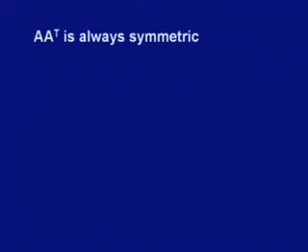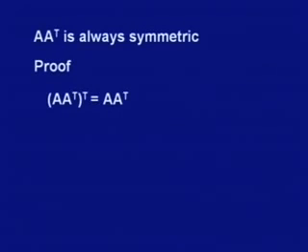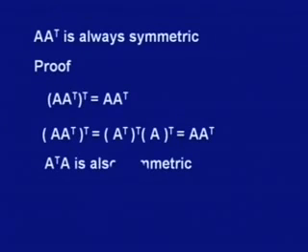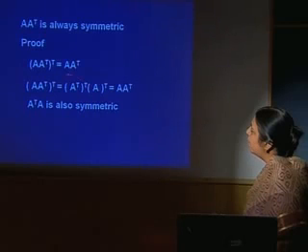Then one can prove that A multiplied by A transpose is always symmetric. To prove this, we start with (A A transpose) transpose, and if this comes out to be A A transpose, then we have proved the result. So I start with (A A transpose) transpose.